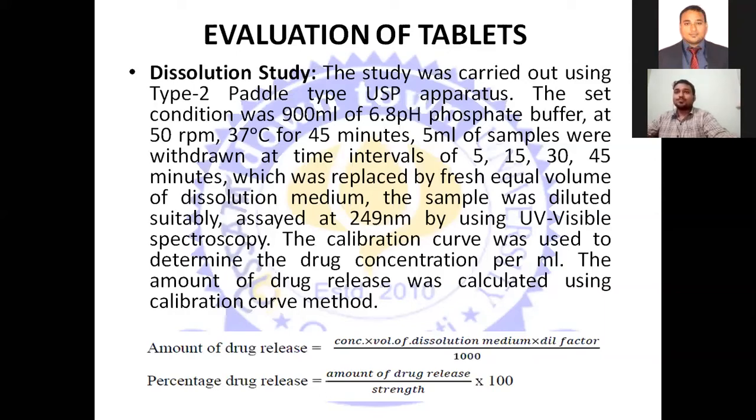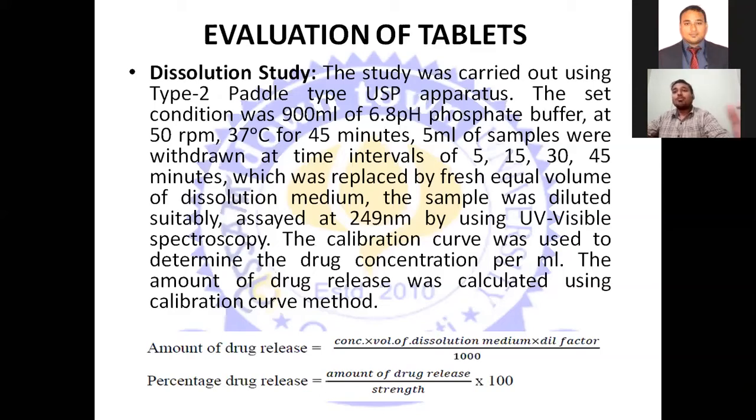5 ml of sample was withdrawn at time intervals of 5, 15, 30, 45 minutes. Each time we withdraw 5 ml of sample, we again maintain the volume of 900 ml by adding 6.8 phosphate buffer to that particular chamber.